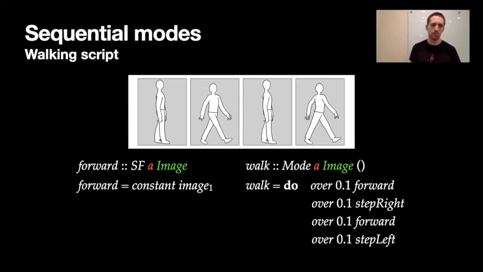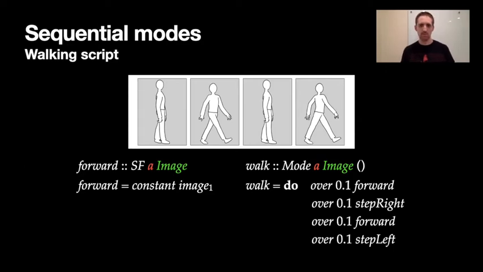So we imagine we have a signal function for every frame of an animation that has been pre-rendered or pre-drawn. And the output signal of this signal function is of type image. So each signal function is producing a certain image constantly over time. And we use this over operator to turn each of these signal functions into a mode of the whole animation.